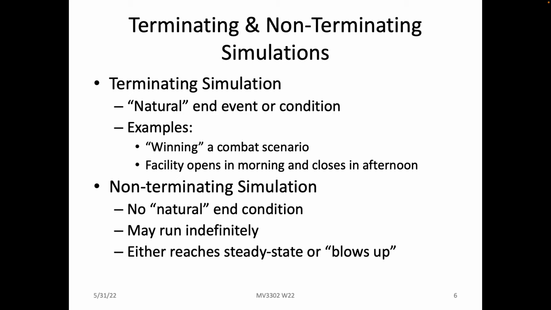In something like a combat situation, if I ran it forever, eventually one side would run out of forces, depending on how we're actually modeling it. So in the non-terminating case, it turns out that with a bunch of mathematics that we won't go into, you can basically show that there are really two possibilities, and you may have encountered both of those.